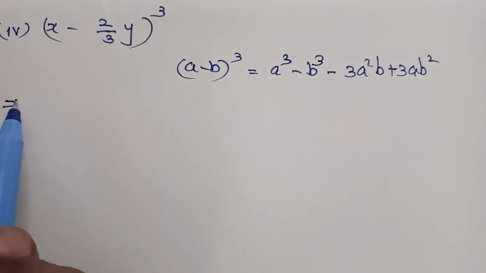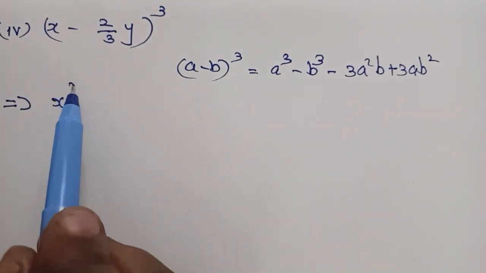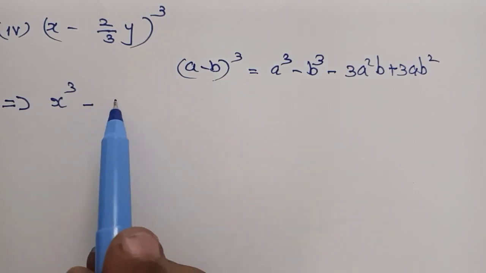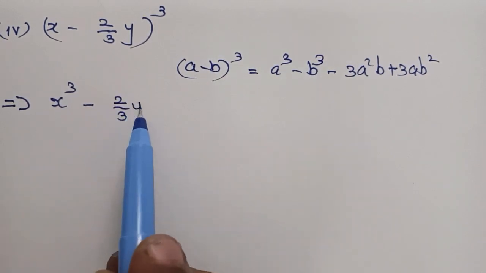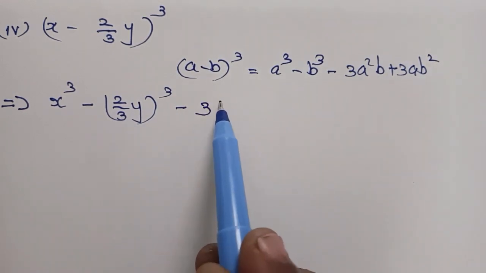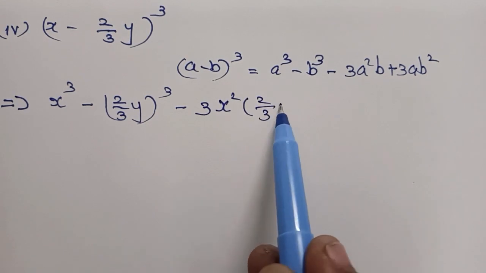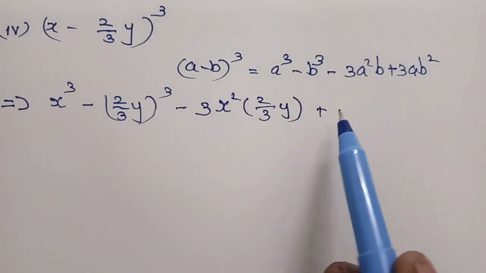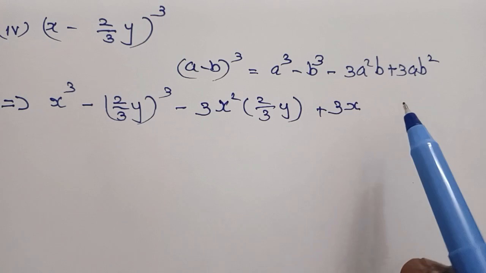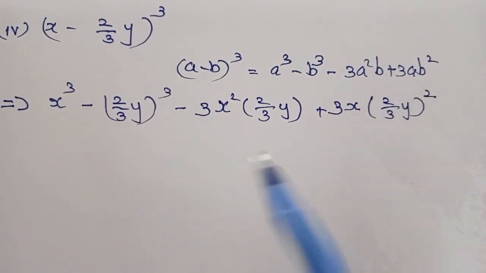Using this identity, we have to expand this given expression, that is a³, x³, minus b³, ((2/3)y)³, minus 3a²b, that is 3x² into (2/3)y, plus 3ab², that is 3x into ((2/3)y)².